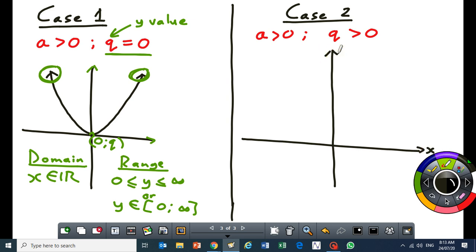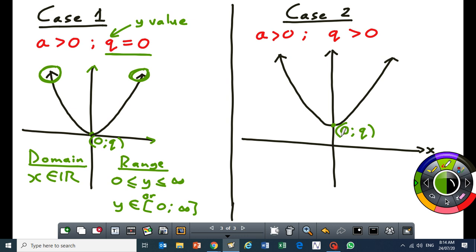If we move it by Q units, it will look like that. Okay? The turning point is no longer at the x-axis. It's now there. So the turning point is now here. Here, x is still 0 and y is Q. But Q is no longer 0. Okay? Q is no longer equal to 0. It is any value which is greater than 0.